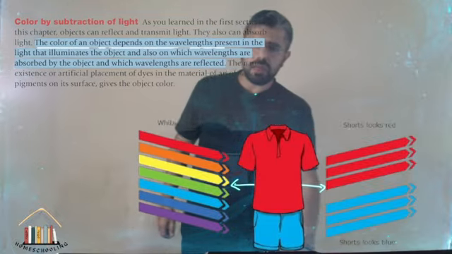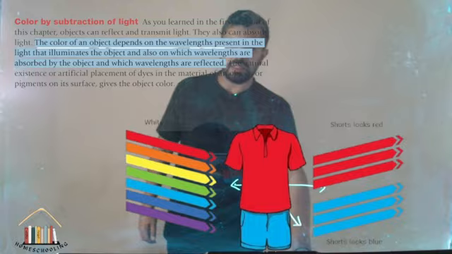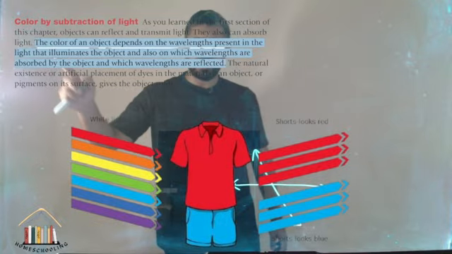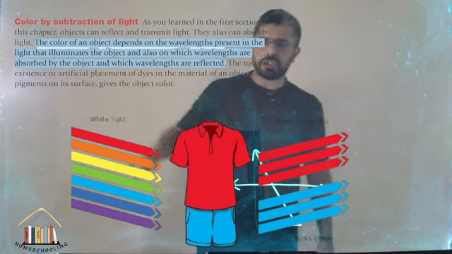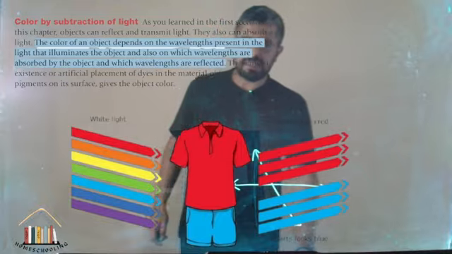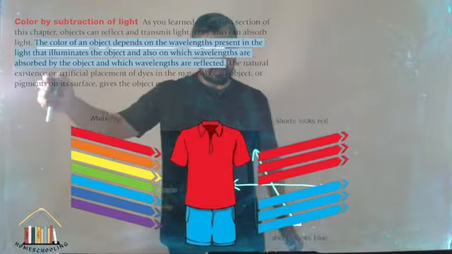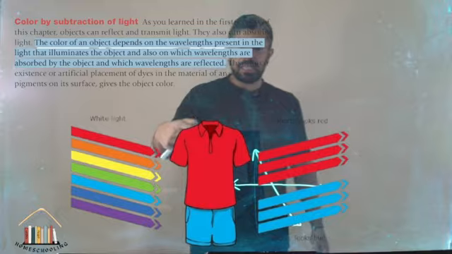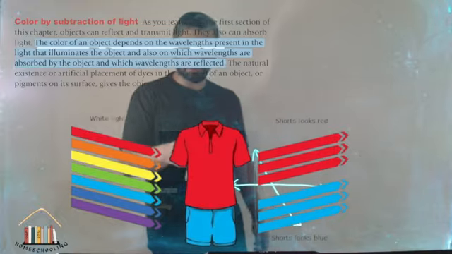Okay, now we finished discussing the addition of light. Now we're talking about the second part, which is the subtraction of light. Let's take this example first. All the lights are coming to an object, let's say a t-shirt or a dress.